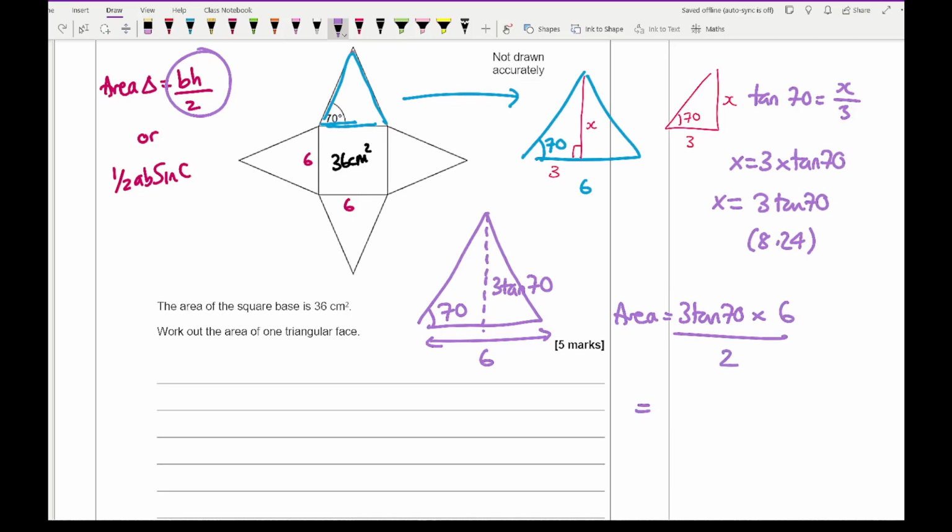And if I type that all into my calculator, 3 tan 70 multiplied by 6 divided by 2, gives me an answer of 24.7, and that's to 1 decimal place, and the units are centimetres squared.